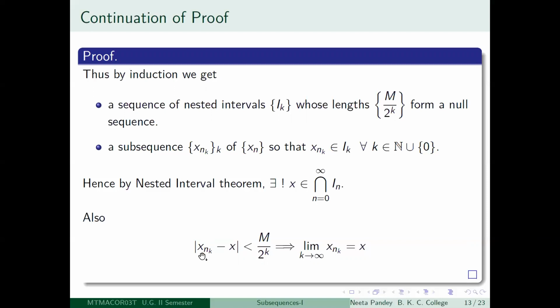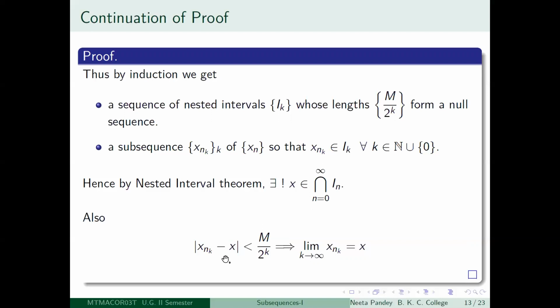So if you look at the distance between x_{n_k} and x, that is the modulus of x_{n_k} minus x, then that will be less than the length of the I_kth interval. So it is going to be less than m divided by 2^k.